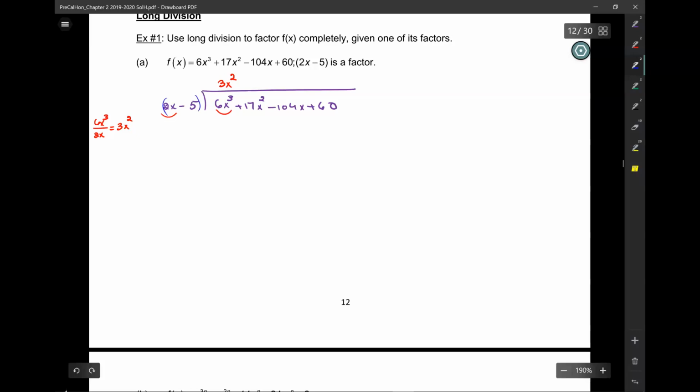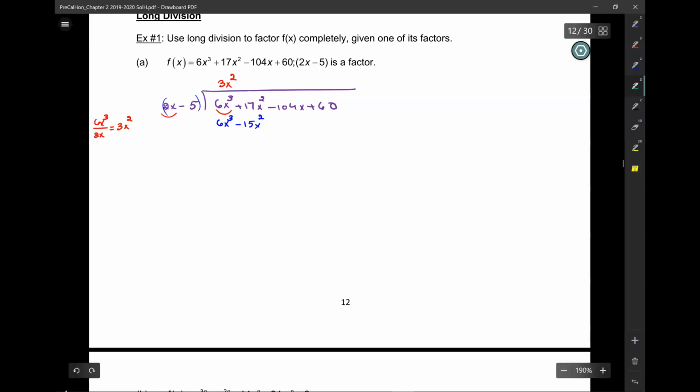So it'll be 6x cubed minus 15x squared. Okay, what are we going to do now? Subtract, which is the same as make everything negative and then add.